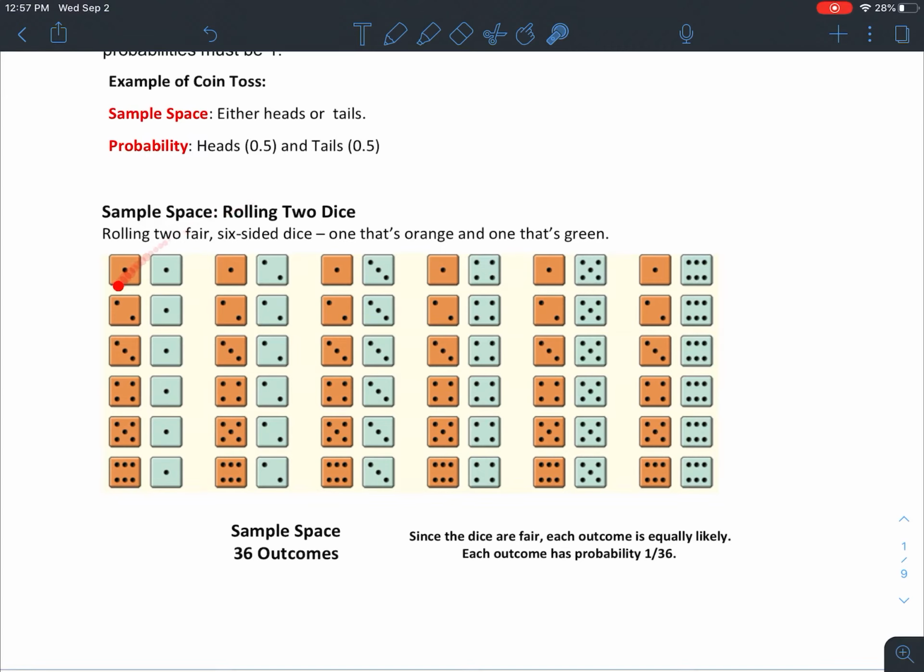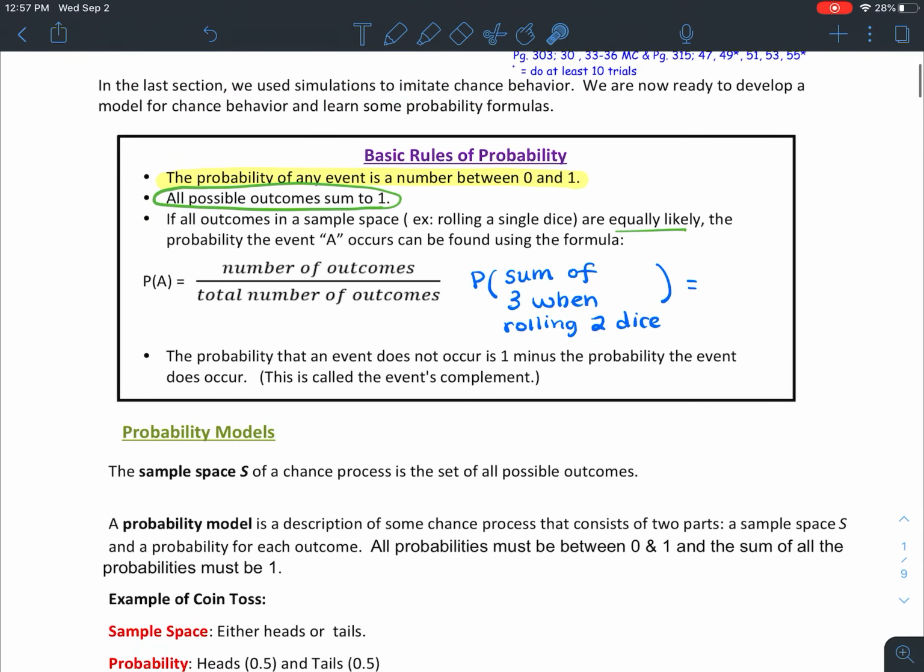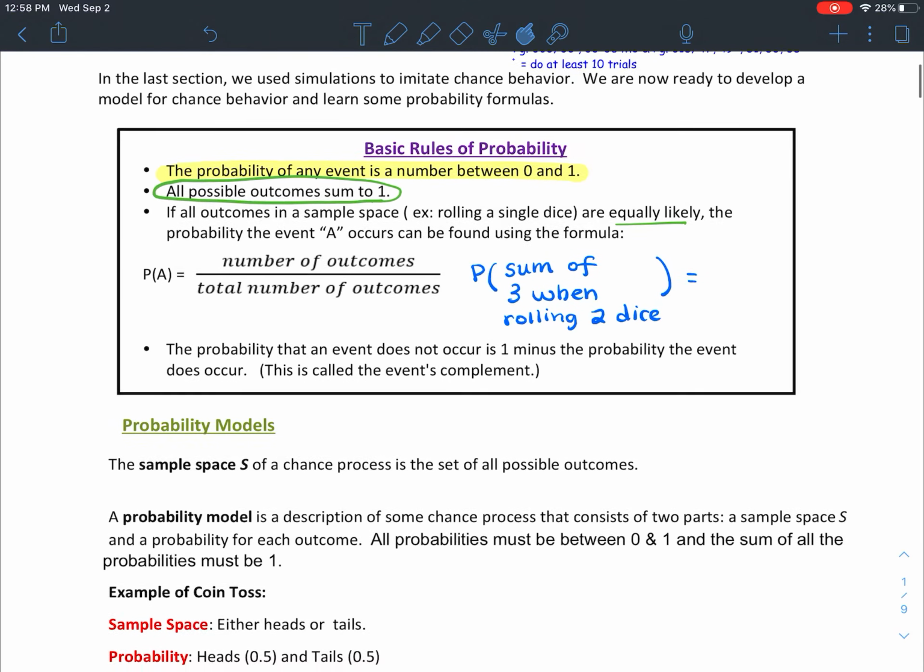when rolling 2 dice. You can see pictured at the bottom of this page the entire sample space for rolling 2 dice. We're going to say the first one is this orange color, the second one is this light green color, and so this is all of the possible combinations of rolling 2 dice.